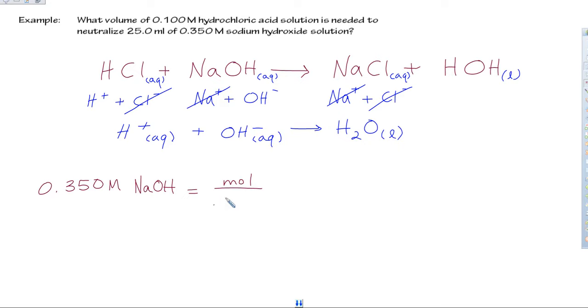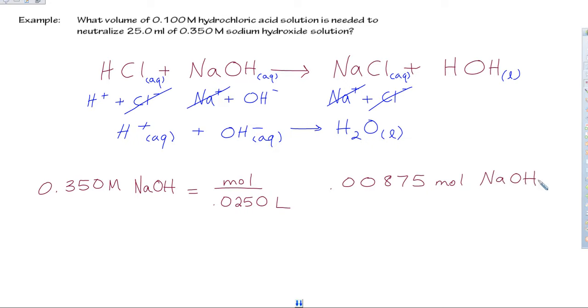So this will be 0.0250 liters. Up on top, that's 25.0 milliliters. That is 3 sig figs. So if we cross multiply, this gives me 0.00875 moles of sodium hydroxide.